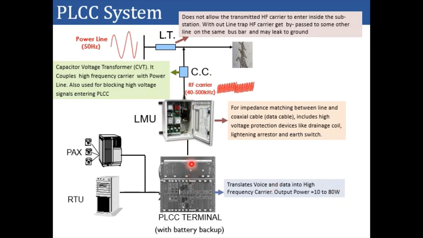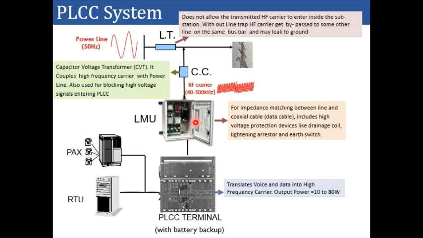From the PLCC terminal, high frequency carrier waves go to the line matching unit. The role of the line matching unit is to match the impedance of the coaxial cable which is connecting PLCC to LMU, and this coaxial cable contains the data, and then the data goes to the transmission line. So we need the line matching unit to match the impedance of the coaxial cable and the transmission line.